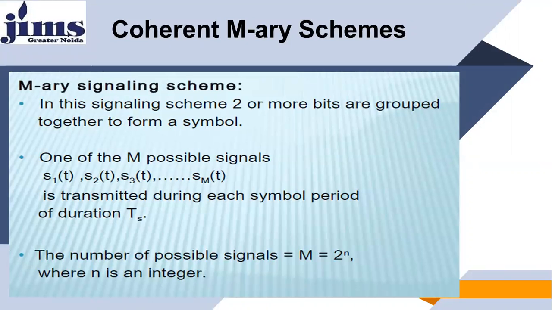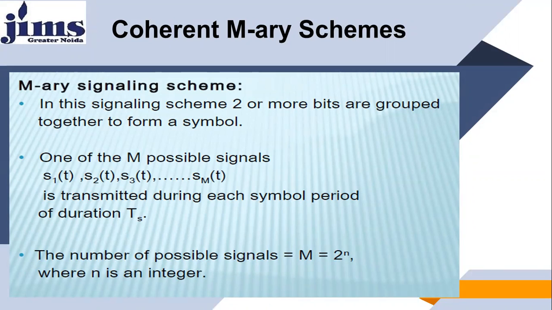So you can say that QPSK is a 2-ary signal scheme, because in QPSK you have to combine 2 bits, isn't it? But if you move further from this QPSK, there is also a possibility of combining more than 2 bits to get a symbol, right? So M-ary signal schemes are like that.